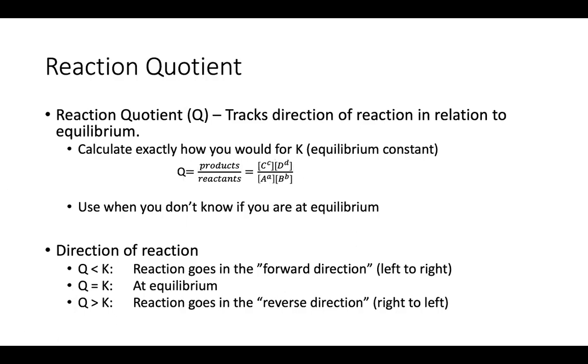Okay, and so what you'll notice is it's exactly like solving for K. There is genuinely no difference in the way you solve for Q compared to how you solve for K, or equilibrium constant. The only reason we use Q is that it's a more proper way to write it.